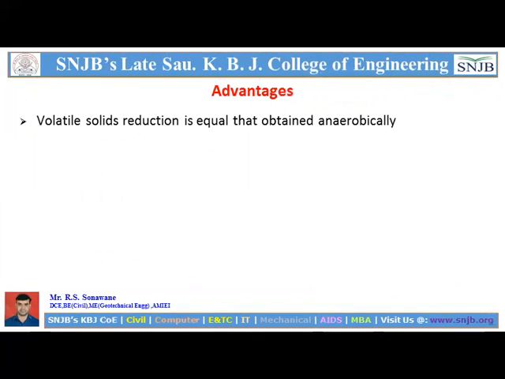Now here are some advantages which we see. What are the sludge treatment advantages? Volatile solids reduction is equal to that obtained anaerobically. Lower BOD concentration in the supernatant liquid, so there will be a very low BOD concentration in the supernatant liquid.